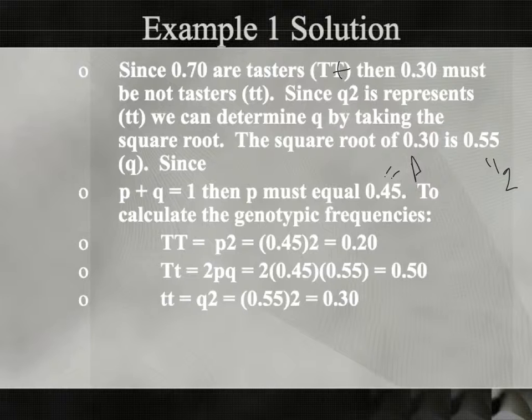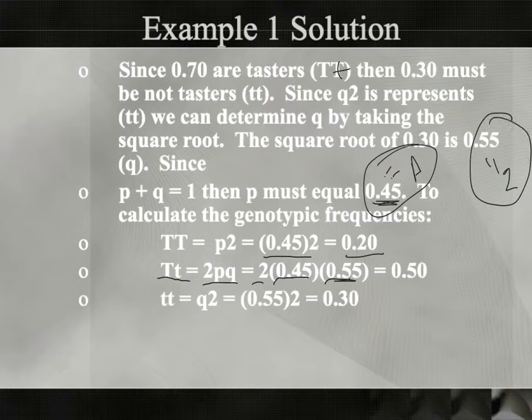Now, to determine the genotypic frequencies, we can take p squared, so our number 0.45 here, squared, and we get 0.2. If we want to calculate our heterozygous individuals, 2pq, so 2 times 0.45, which is our value for p right here, times 0.55, which is our value for q right here, we get 0.5.